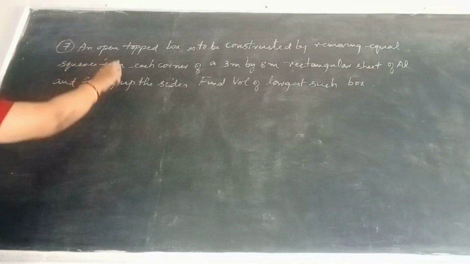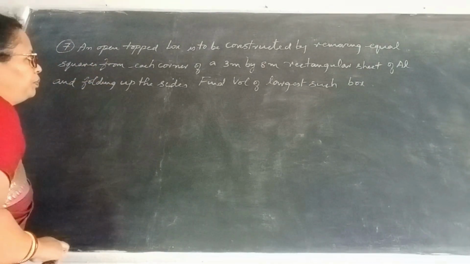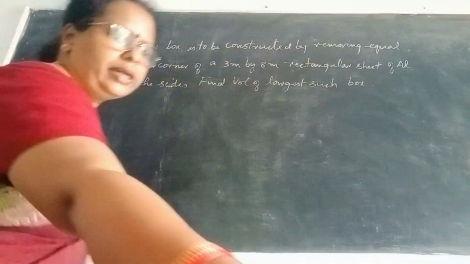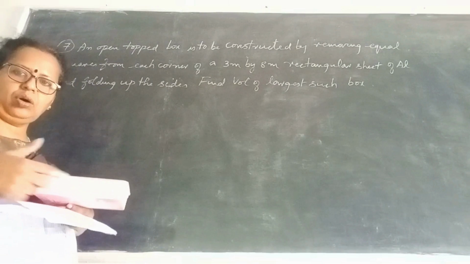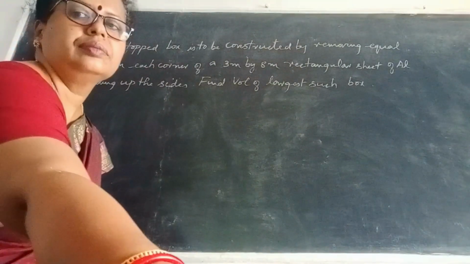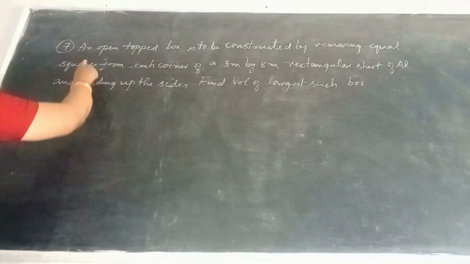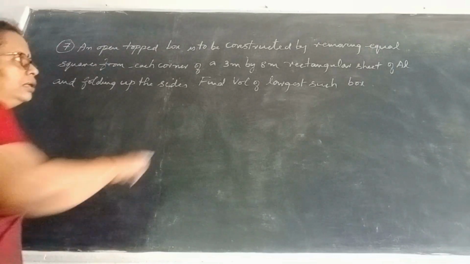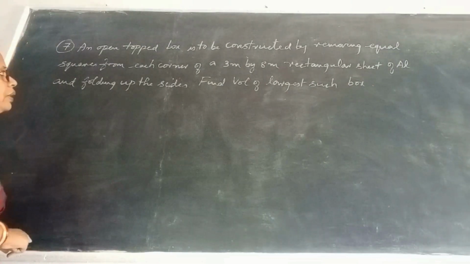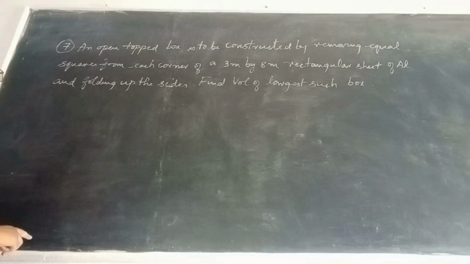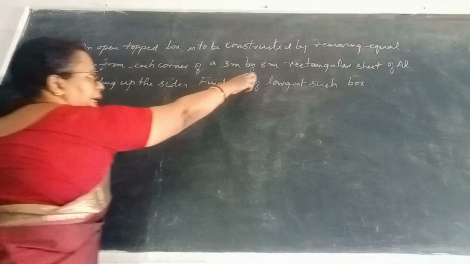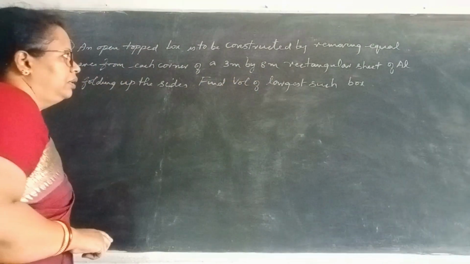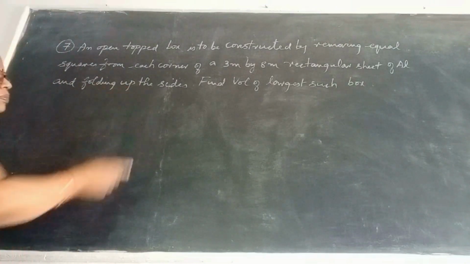The next question. An open topped box, a box like this. An open topped box is to be constructed by removing equal squares from each corner of a 3 meter by 8 meter rectangular sheet of aluminium and folding up the sides.